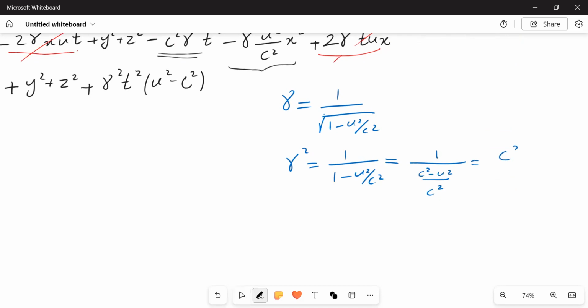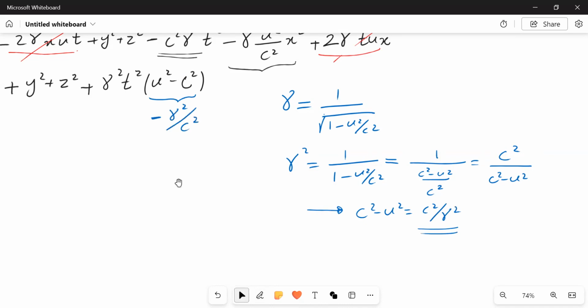In other words, this would be c squared divided by c squared minus u squared. And therefore, c squared minus u squared would be nothing but c squared divided by gamma squared. So if I see u squared minus c squared, that is actually minus c squared over gamma squared.